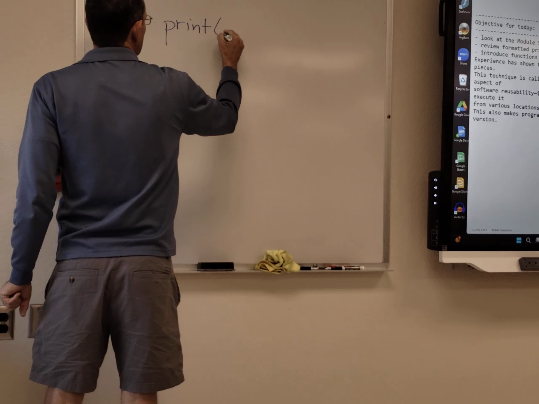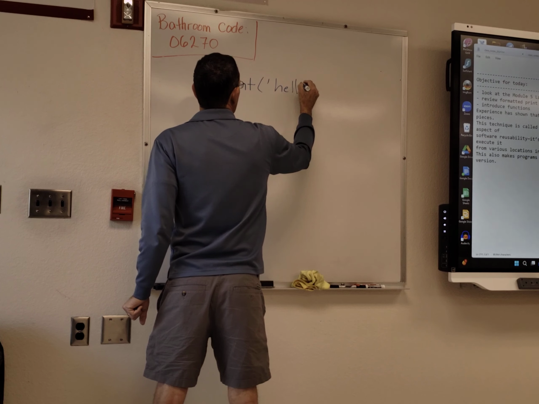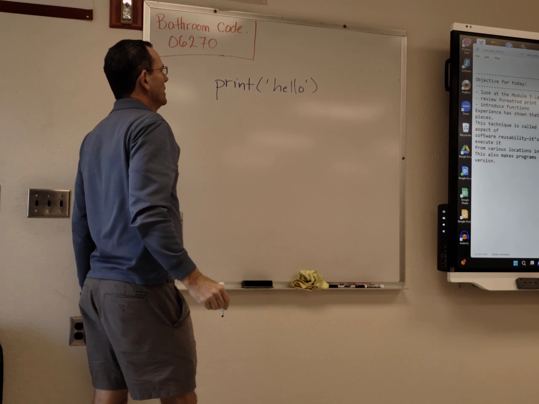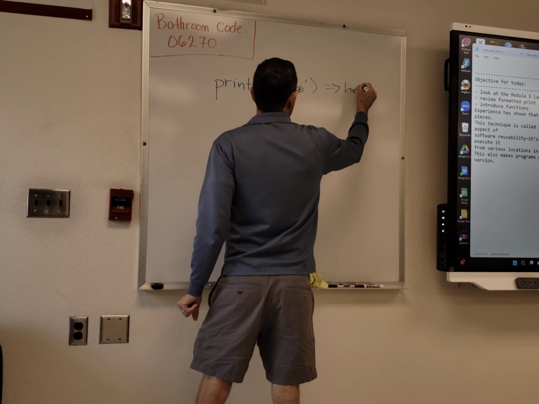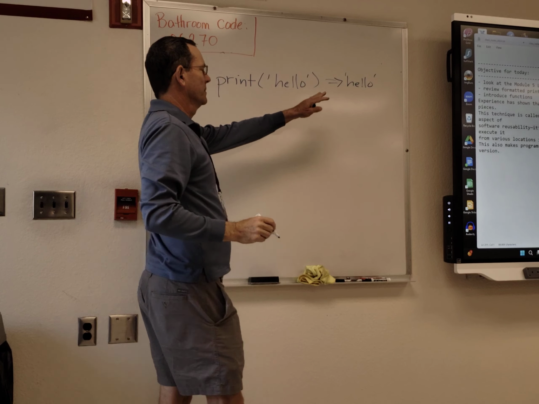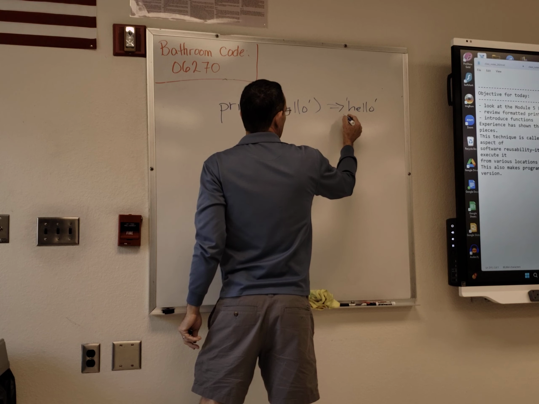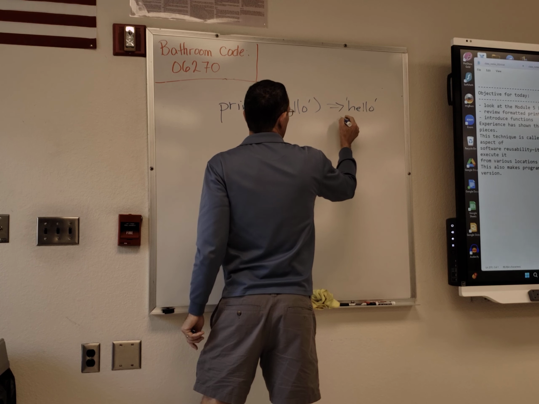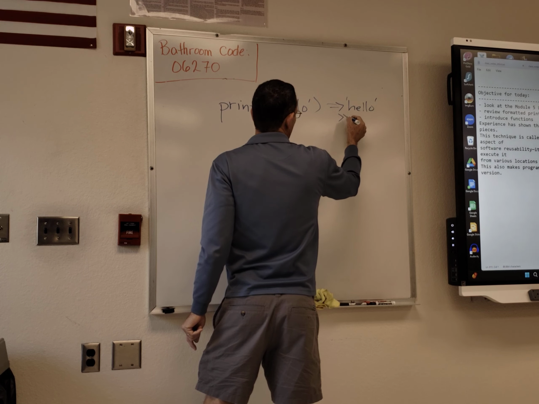If I just say print hello, in single quotes, okay? So this just prints out the word hello, the string hello, and then it prints a new line. So if I printed this, then it would be ready to print something out on the next line.